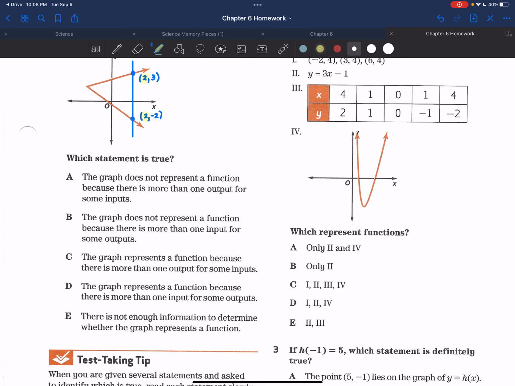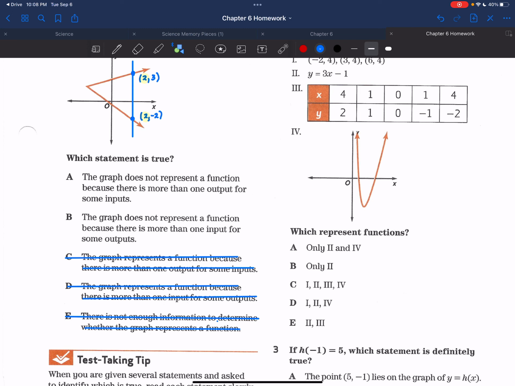Which statement is true? Well, I can eliminate C and D right off the bat because they say it's a function and it's not. So we can eliminate those two. There is not enough information. That's not true either. I can tell you that this is not a function.